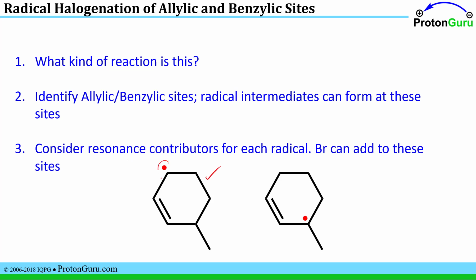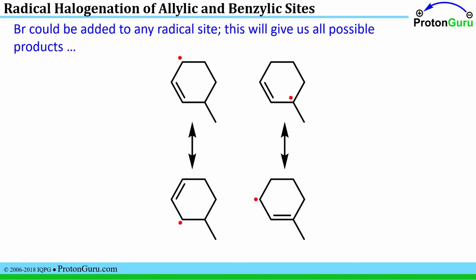Now remember, if I have an electron that's not in a bond right next to a pi bond, I can also consider other resonance contributors, and we'll have to do that before we can figure out all the possible products. If I start out with a radical at this site, I can draw a resonance contributor where that electron and one from the adjacent pi bond pour into this space here, and the other electron stays behind on this carbon.